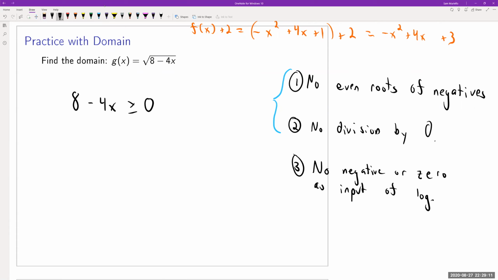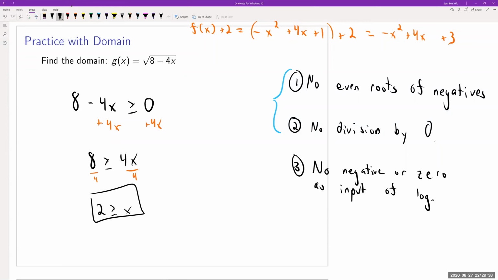It can be equal to 0. It just cannot be negative. And I'll solve this for x. What I would do here is add 4x to both sides, which gives me 8 is greater than or equal to 4x, and then dividing by 4, 2 greater than or equal to x.